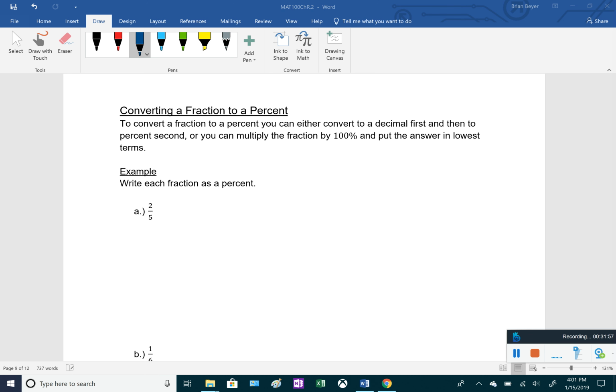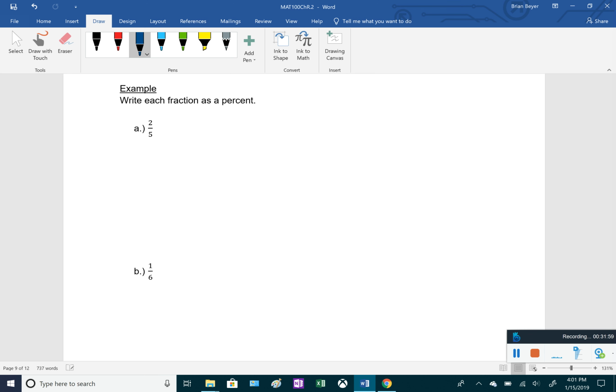Okay, so let's do these examples. Let's write each fraction as a percent. So we have 2/5. So we want to know what is that as a percent. So what we're going to do is multiply this by 100%.